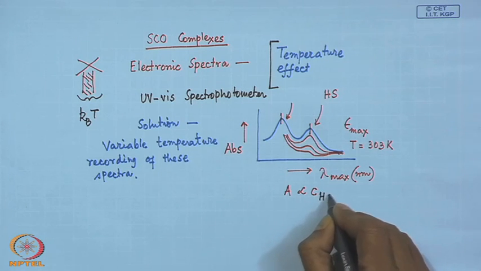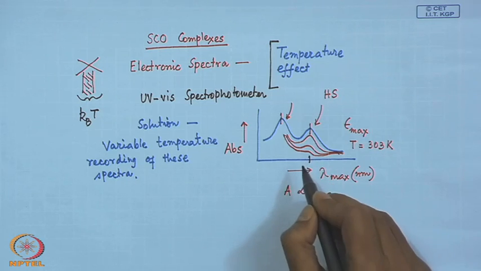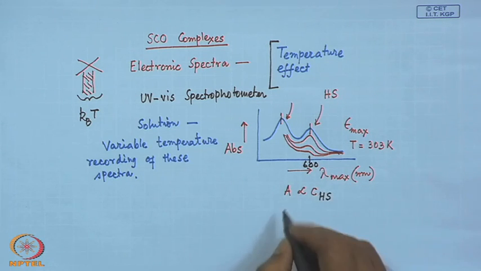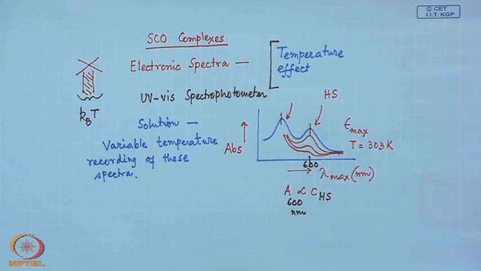So, absorbance at a particular wavelength, say 600 nanometer, is proportional to the concentration of the high spin species.